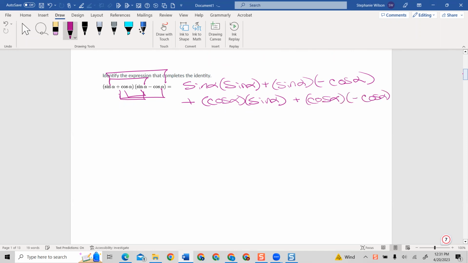All right, so let's clean this up. Sine alpha times sine alpha is sine squared alpha. A positive sine times a negative cosine gives me a negative sine cosine, plus a positive cosine and a positive sine.